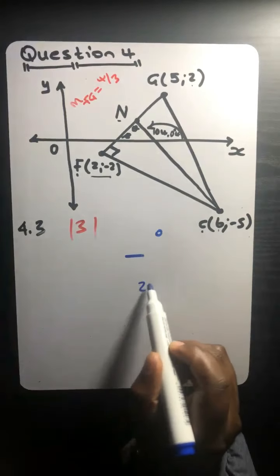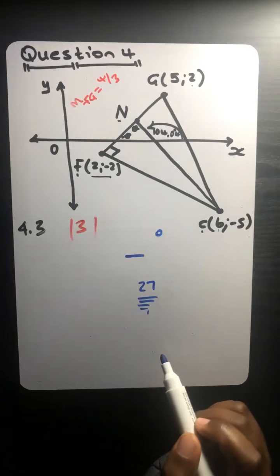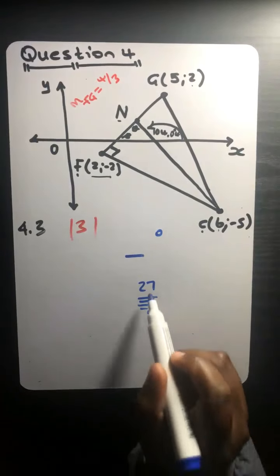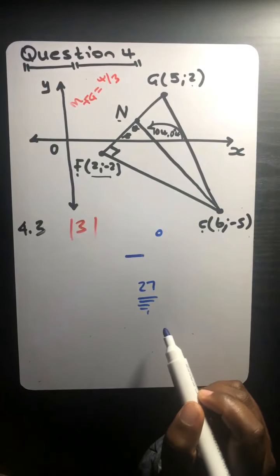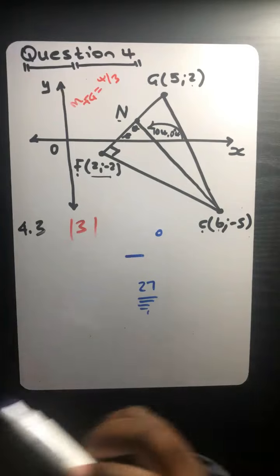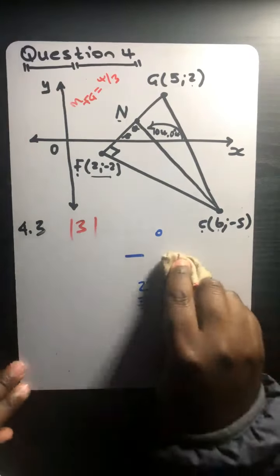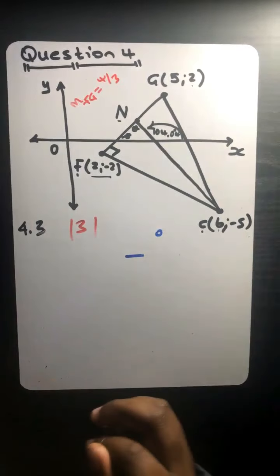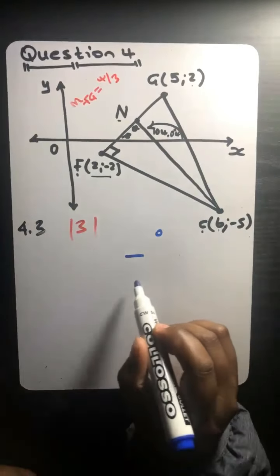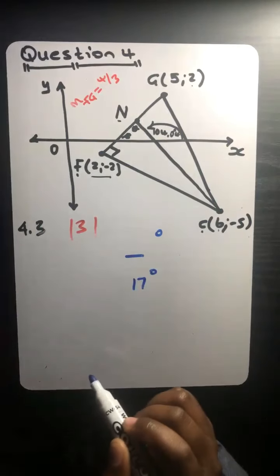So don't just say 27. 27 what, guys? We are not sure when you say 27 if you're talking about the age or something on the number line. As a pilot, you must say to your colleague, today we'll be flying at 17 degrees.